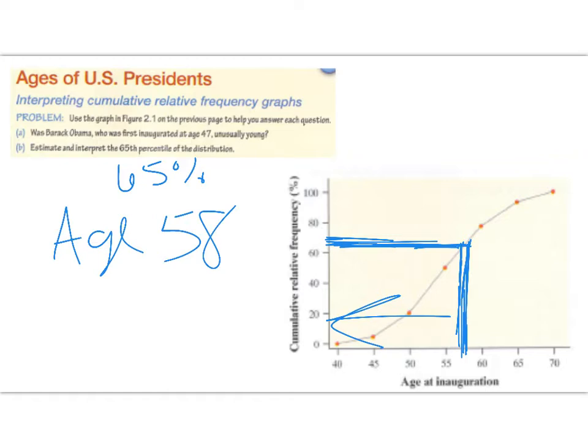But when you interpret, how it tells you here to interpret it, that interpretation is that statement, linking them both together, that about 65% of all U.S. presidents, remember our context, all U.S. presidents were younger than 58 when they were inaugurated. Again, your context, U.S. presidents, you're talking about their age of inauguration. Okay, that's the interpretation also, when you're putting it into context.